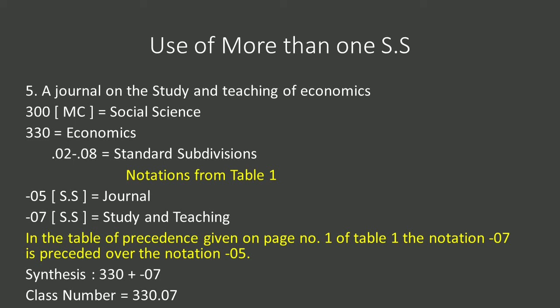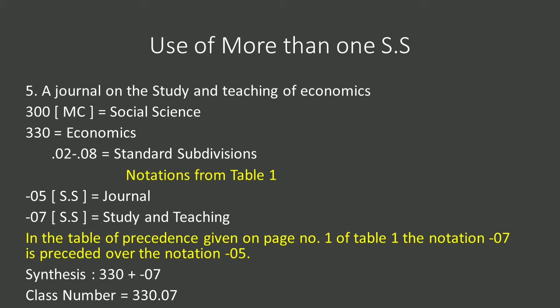That is why I have written 05 in square bracket SS, meaning standard subdivision. This notation is for journal, and dash 07 is also standard subdivision, written study and teaching. But there is a rule, we cannot use two standard subdivisions with a single document.